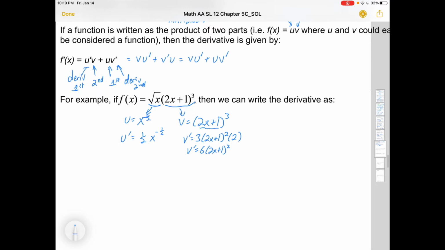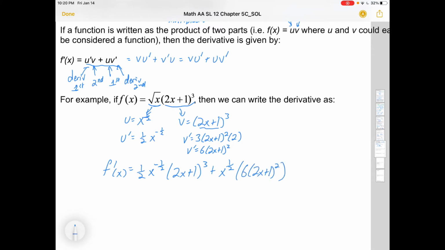If we want to find the derivative function, it's really just plug and chug in this formula. So f prime of x is going to be u prime times v, which is 2x plus 1 all cubed, plus u, which is x to the half, times v prime.